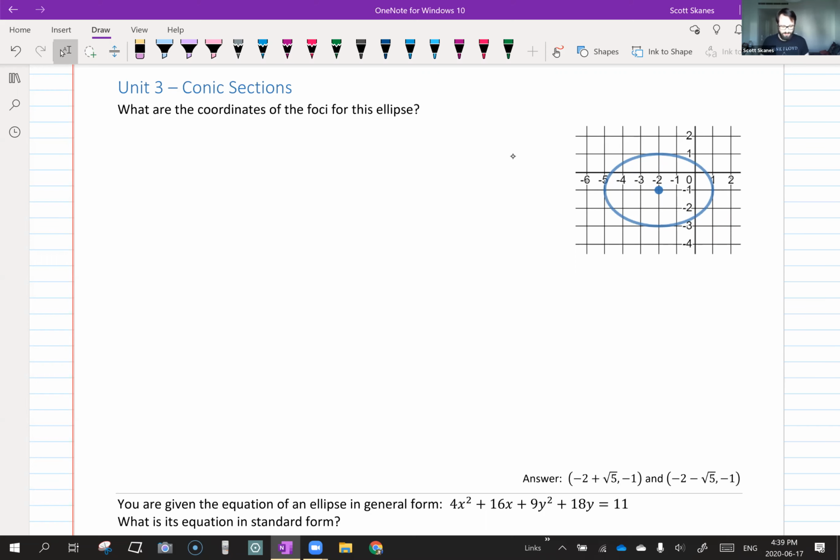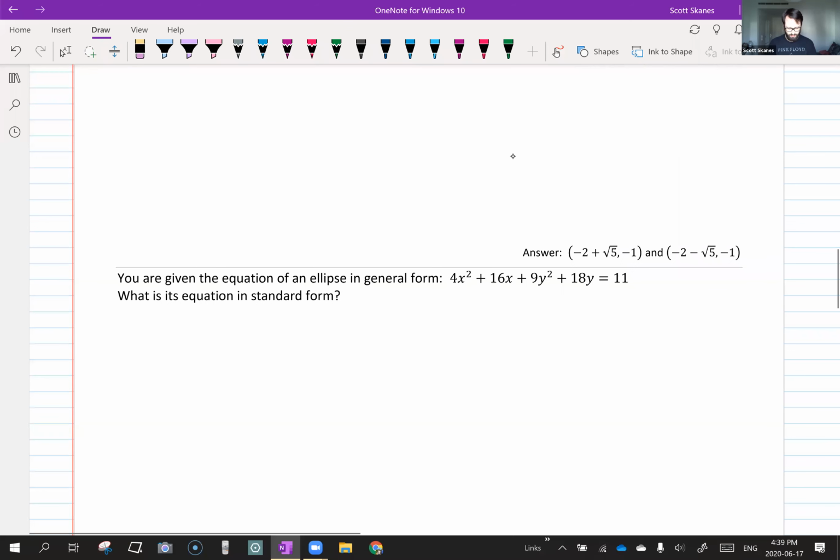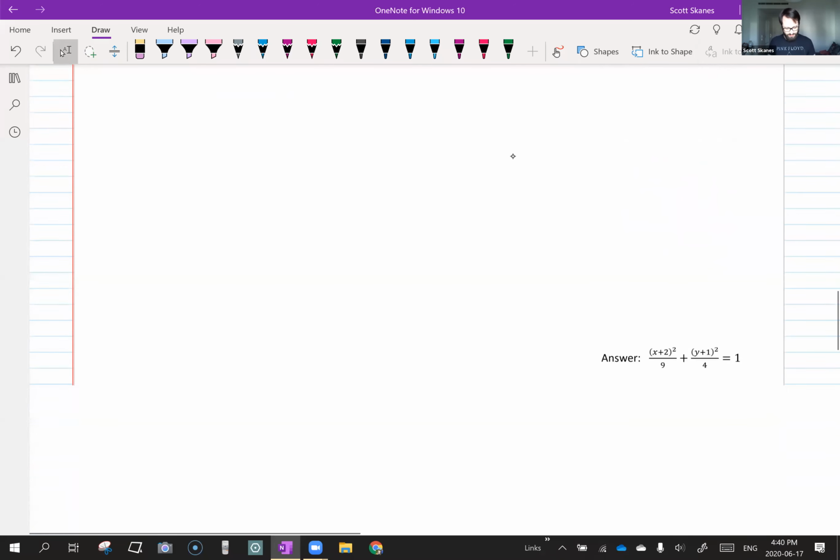But do you honestly think that you're going to look at a question like this and say, oh man, what unit is this? It's not going to happen. Who cares what unit it is? You're not going to get confused by that. Or you look at this question. Do you think that something talking about an ellipse with standard form, you're going to get confused by that? You won't. It's obvious.